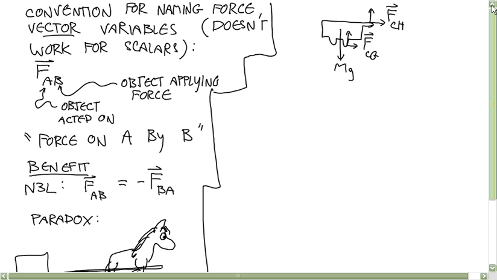Unless the wheels are very poorly lubricated, the force on the cart by the ground is much smaller than the force the ground applies to the hooves. So it can't overcome that, and the horse pulls the cart. I think that's a nice example of how you can get into trouble thinking about Newton's third law. If you have a mathematical way of treating it, you're a lot better off.